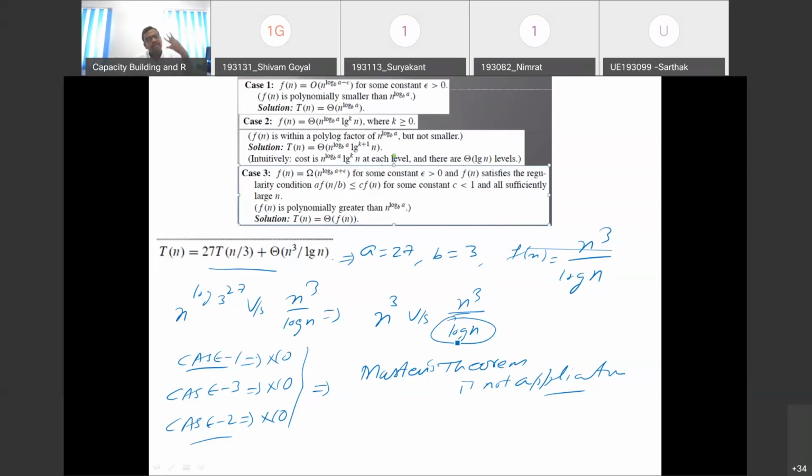Fine, there are only three failure cases. Gap number 1 is that f of n is smaller but not polynomially smaller. Gap number 2 is that f of n is larger but not polynomially larger. Case number 3 is that the regularity condition doesn't hold. So these are the three failure cases of Master's theorem. Here we checked all three cases one by one, and in none of them is it applicable.